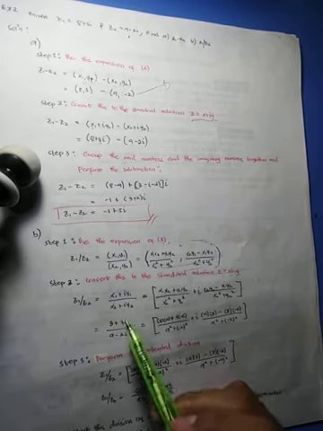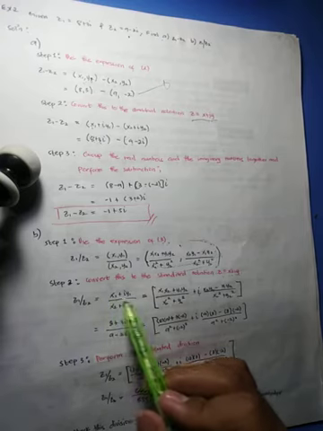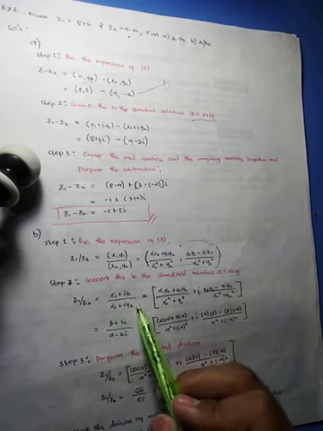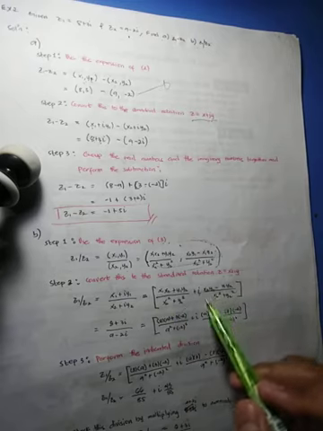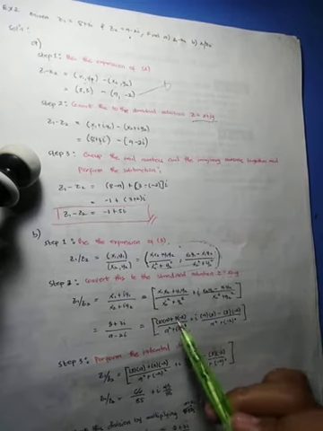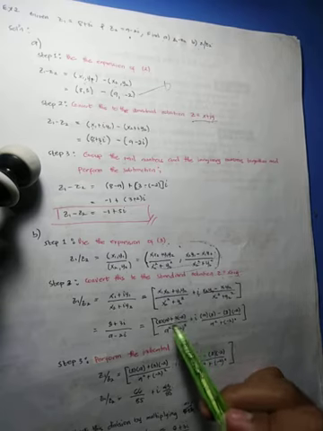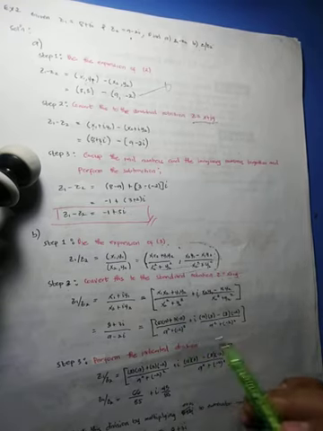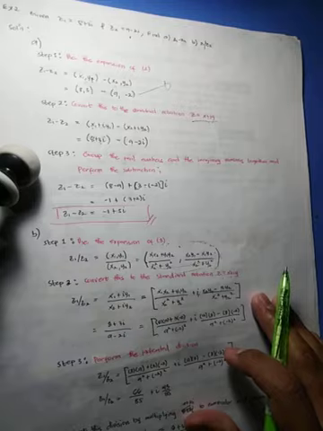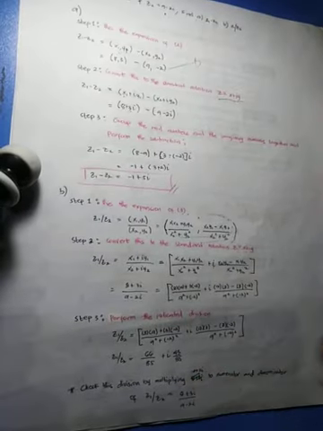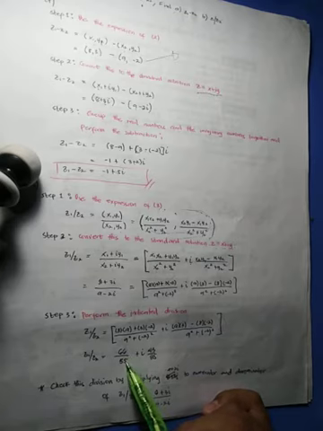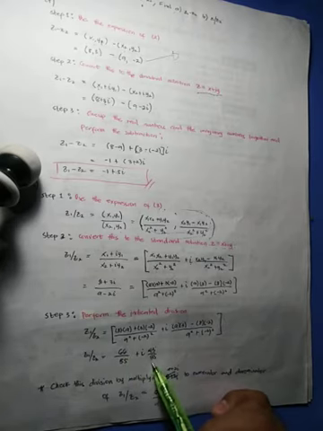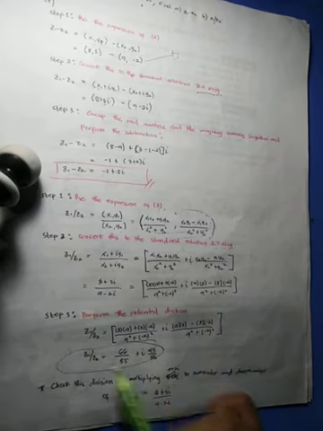Now, since x1, y1, x2 and y2 are given, all we have to do is substitute them here, then perform the multiplication, addition, and division, so we can derive the final value of the quotient of the two complex numbers: 66 over 85 plus i 43 over 85. So this would be the final answer.